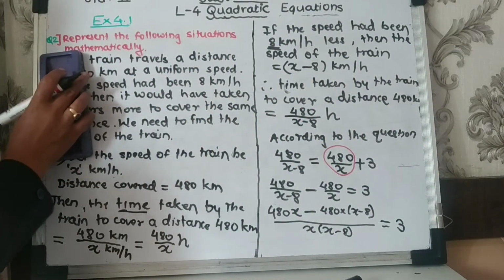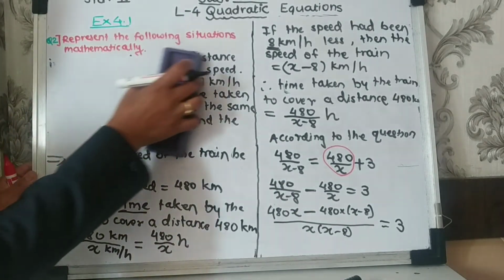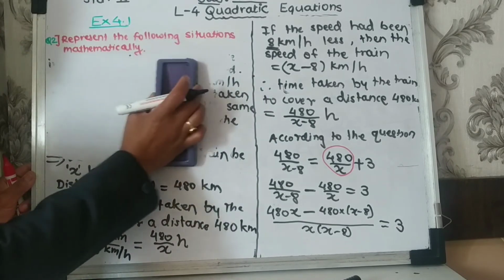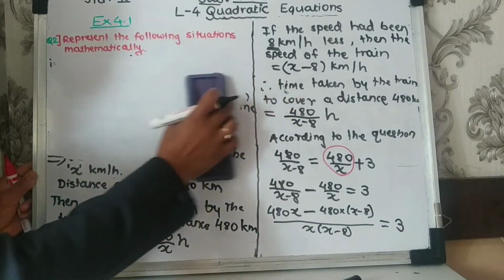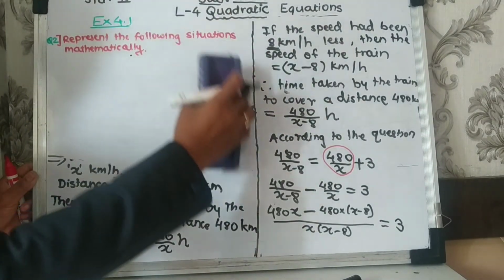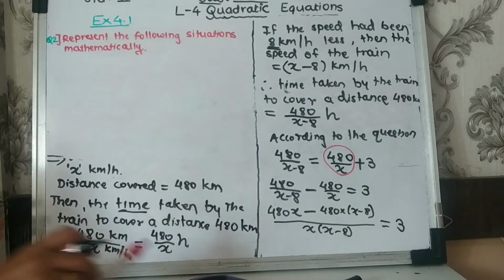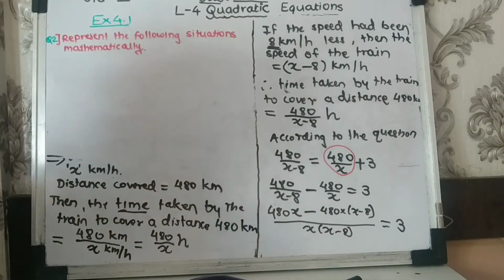I hope that everyone is writing along with me, and please try to understand the sum. If you have any query, you can ask me, or tell your teacher and send that query. Got it?